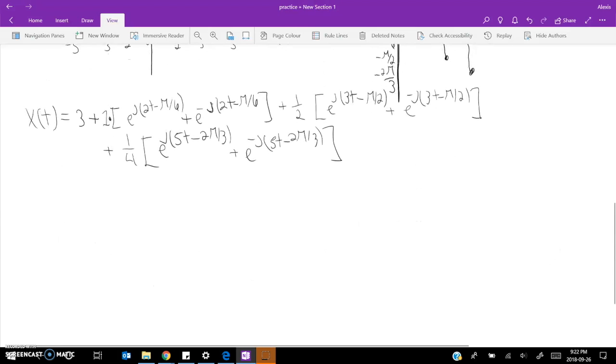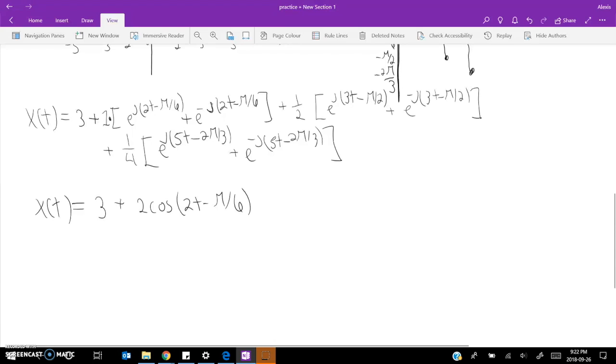And we can see that this is equivalent because if we convert this back to our original signal, we would obtain 3 for the first term. Our next term would give us 2 cos 2t minus pi over 6.